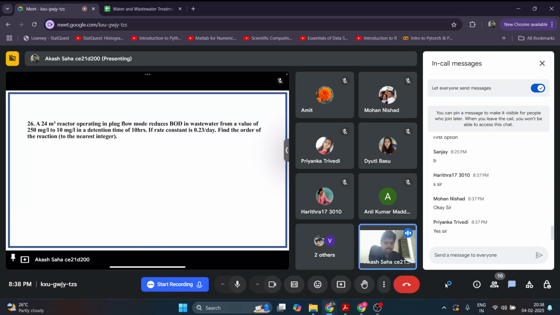So for today, I will tell you the equations of all order reactions for a PFR. You can work it out for the CSTR also. If you have any doubt, you can get back to me. Okay, so we have to find out the order. So for finding out the order, we will simply put in the values and see for which it is matching. If it is matching for that particular order, we will say the order is the same. Okay, I will show you how to do this.